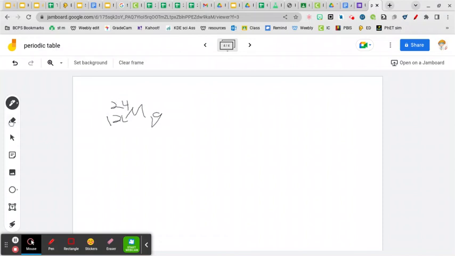So my nucleus would have protons equal 12, neutrons equal 12. Sorry, it's hard to write on this thing.